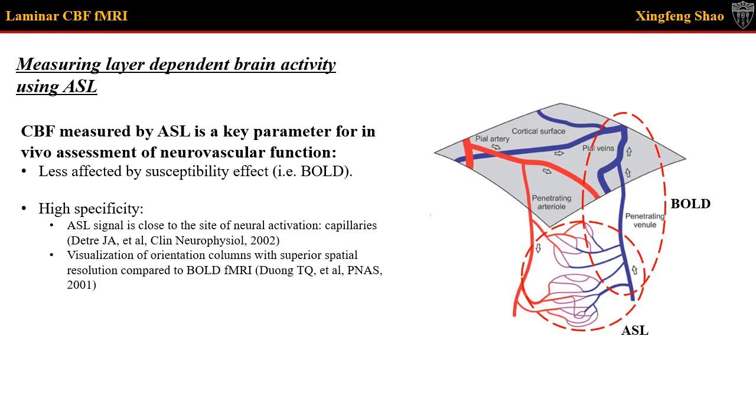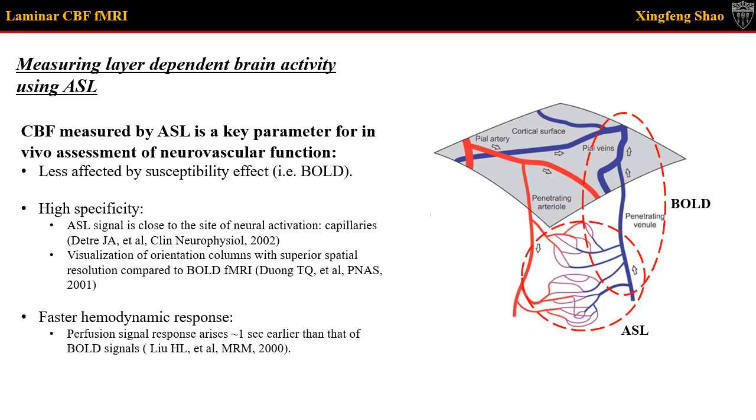A study of the visualization of orientation columns also showed that ASL has superior spatial resolution compared to BOLD fMRI. Another animal study also showed that ASL CBF has a faster hemodynamic response. The perfusion signal response arrives about 1 second earlier than that of the BOLD signal.